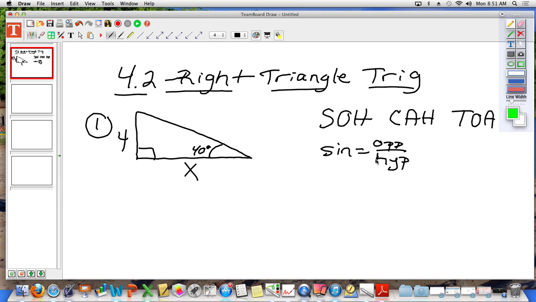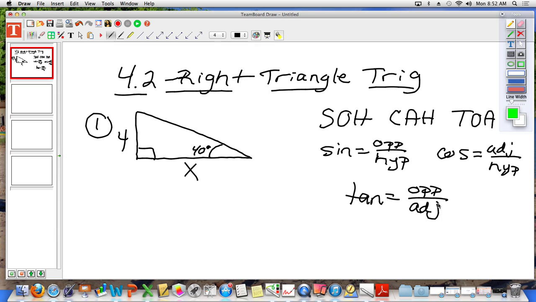So sine is opposite over hypotenuse. Cosine is adjacent over hypotenuse. And tangent means opposite over adjacent.